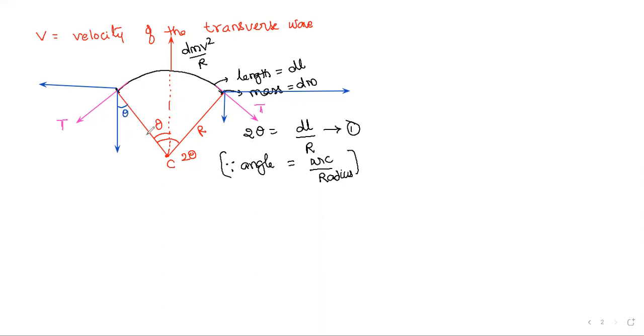The half angle is theta, Nana, correct. Half angle is equal to half arc by radius, the half gets cancelled. Understood?